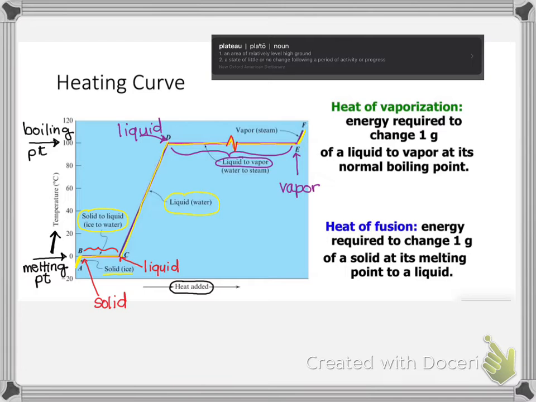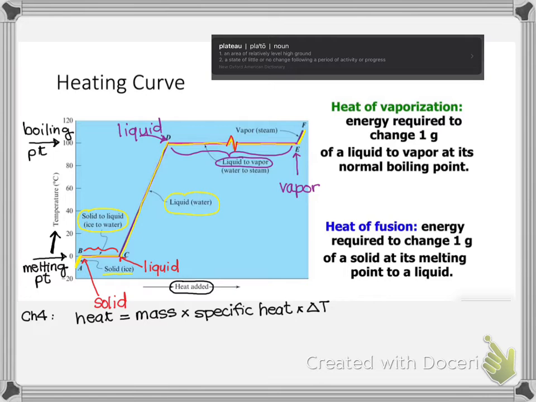So that brings me to the part that involves calculations. In chapter 4, we learned that the heat required to change the temperature of a substance is equal to the mass of that sample times the specific heat, which is a constant, times the change in temperature.